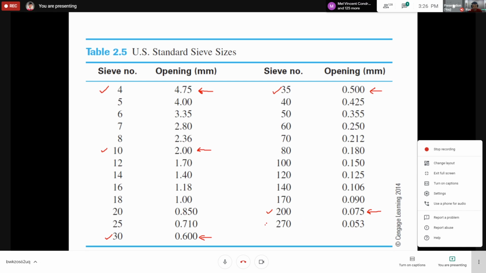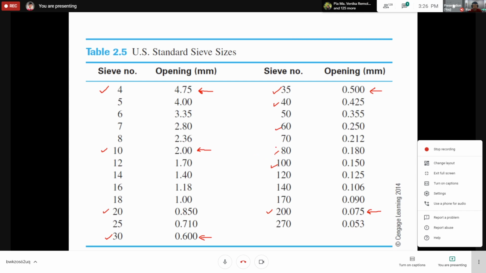0.053. So usually in the laboratory setup, since we'll be analyzing the coarse materials, we go by 4, 10, 20, 30, 40, 60, 80, 100, 200.